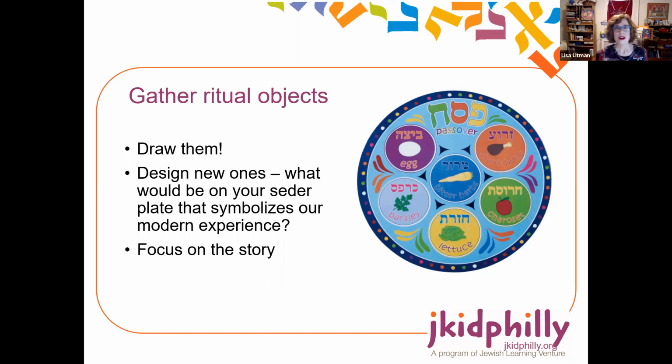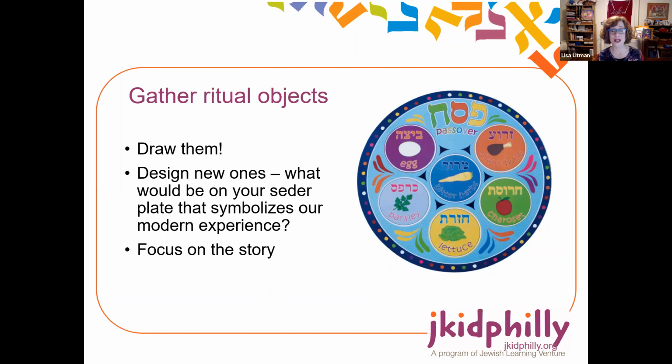There are people that put an orange on the Seder plate, for example, because we want to talk about women's rights. People put olives on the Seder plate as a prayer for peace. We just heard someone talk about putting an apple on the Seder plate because an apple a day keeps the doctor away.